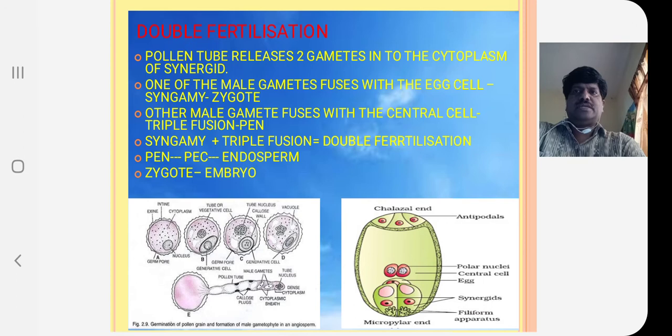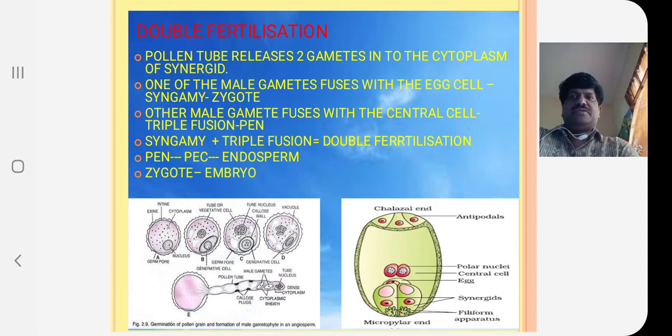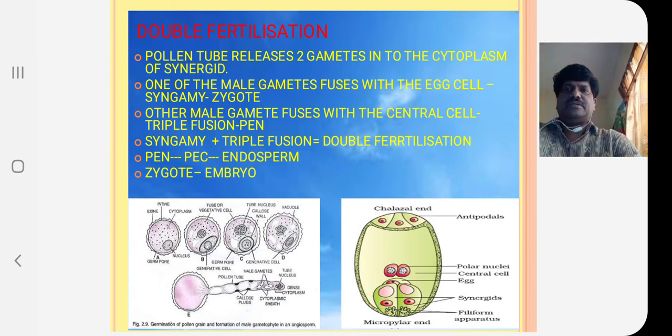That is why it is called triple fusion. The product of syngamy is the zygote, and the product of triple fusion is the PEN. Both syngamy and triple fusion together we call double fertilization.